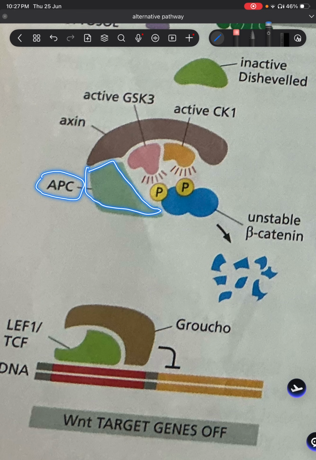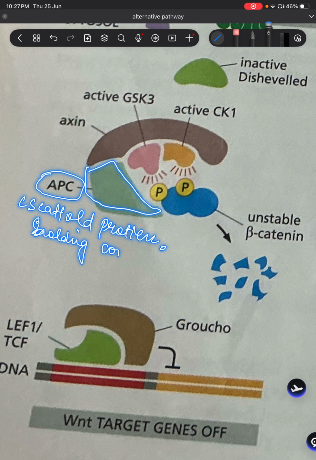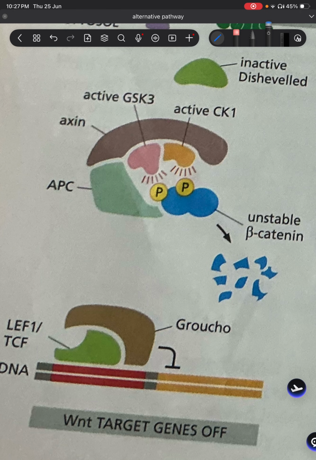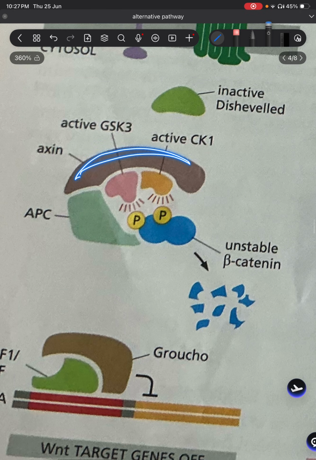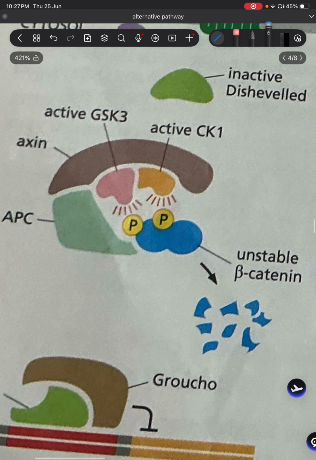This APC is a scaffold protein holding the complex together. Very important. Now there is an axin-like protein which is also a part of this complex.